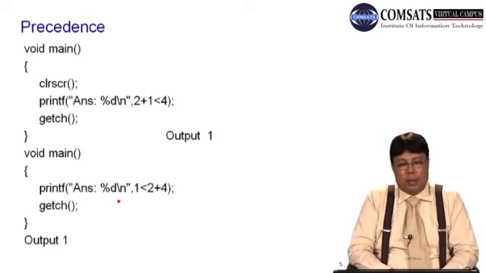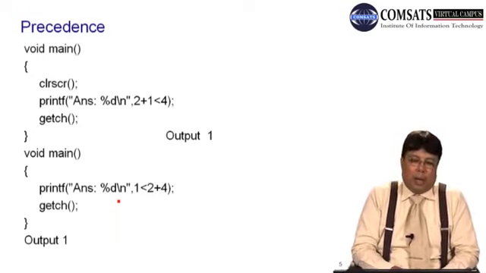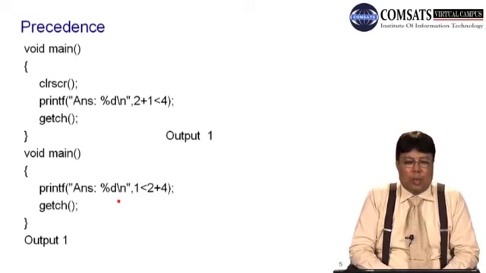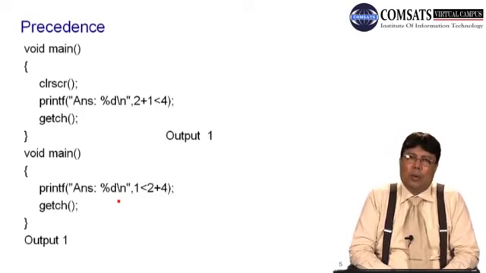Precedence of these operators. If I would like to use arithmetic operators along with these relational operators, suppose in the upper example I write printf answer percentage d backslash n, comma, 2 plus 1 less than 4. What is 2 plus 1 less than 4?